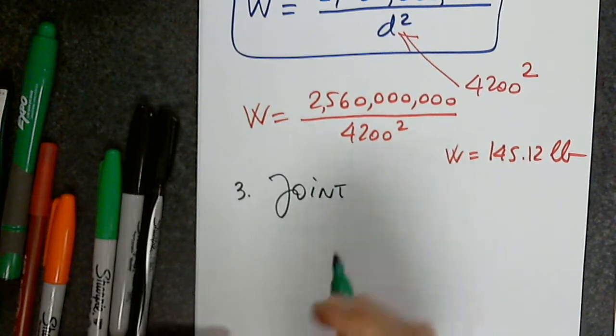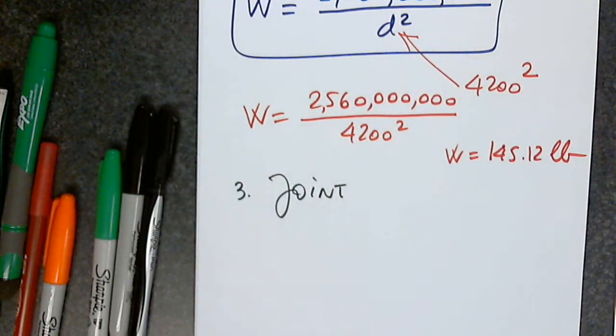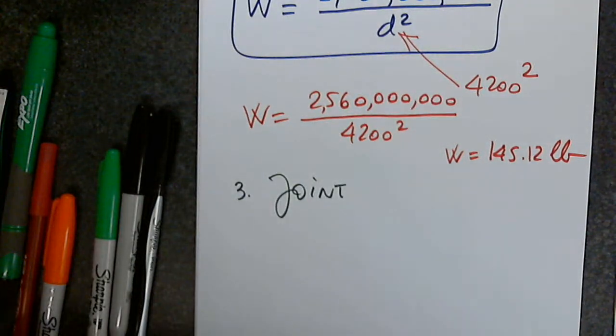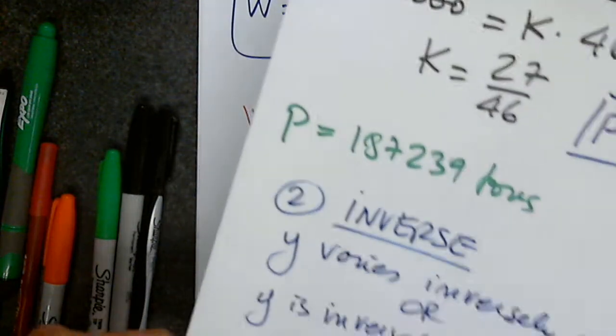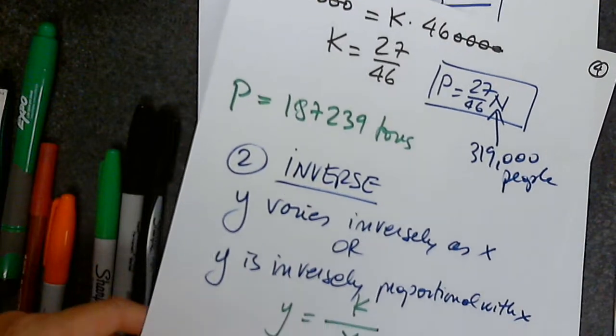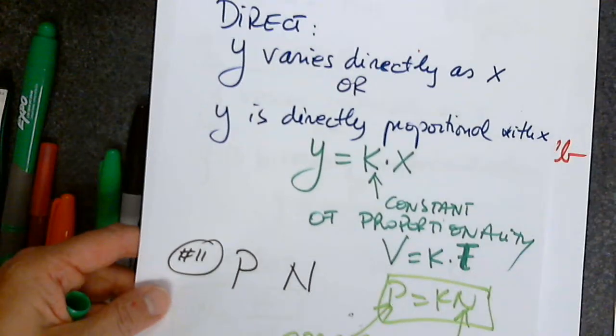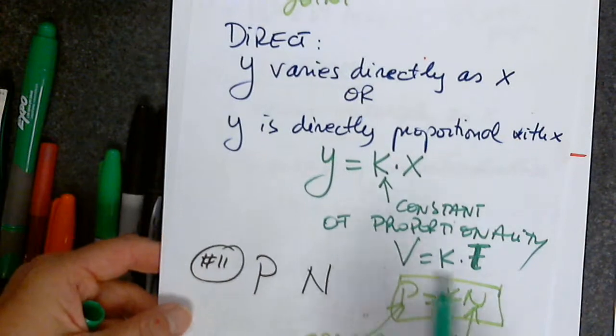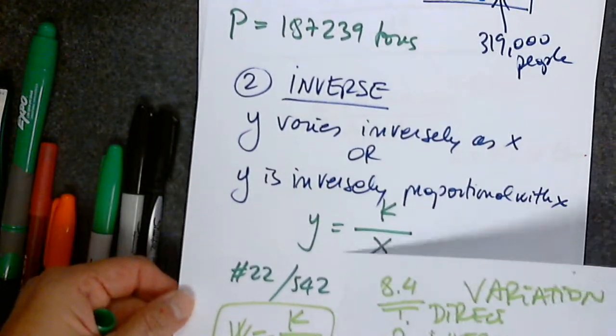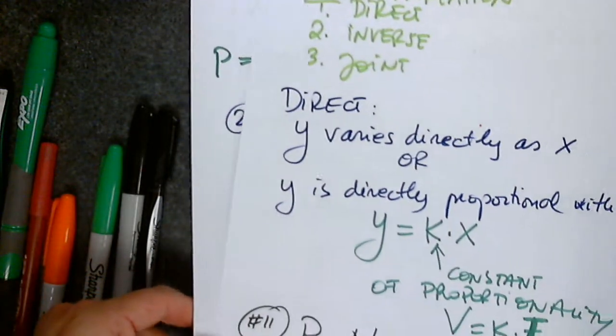Joint. This is the type of relationship that involves more than 2 variables. As you've noticed, I'm sure, direct involves 2 variables, although we can have combinations. Inverse involves 2 variables, x and y. K is a constant.